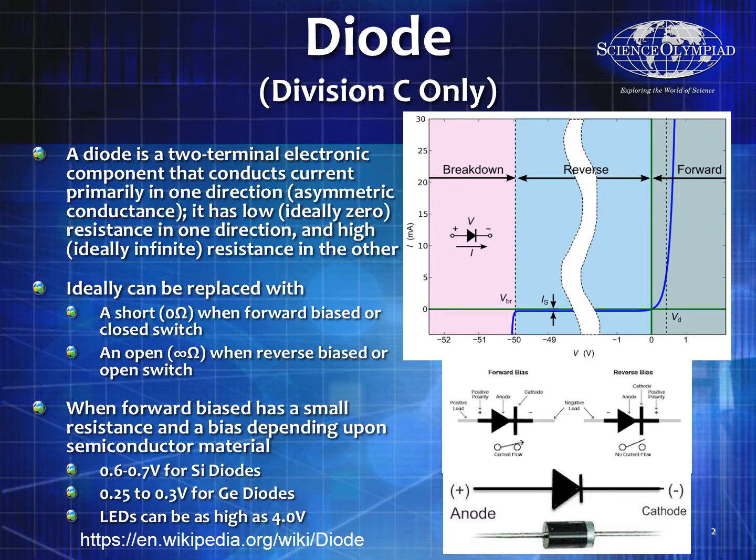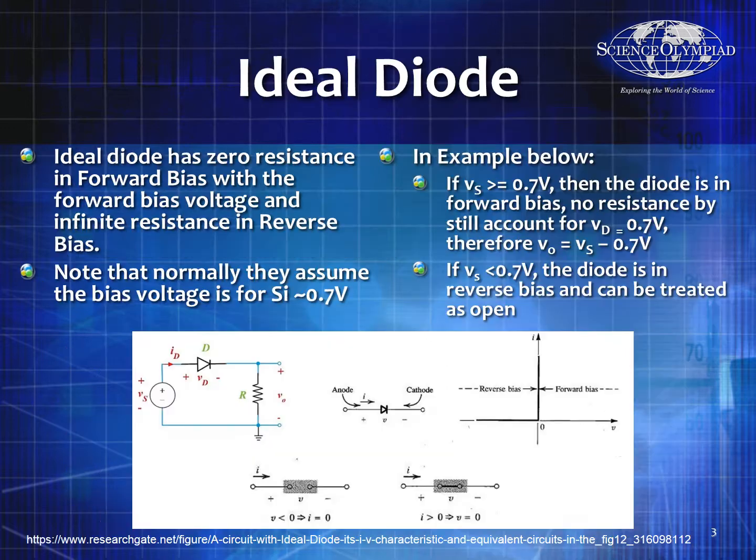In the last practice, we talked about diodes. We talked about how it's a two-terminal electronic device that allows current in one direction and how it can be shown as a switch that is either open or closed depending on whether it's forward biased, in which case it is closed or on, or in reverse bias, in which case it is off or shown as an open circuit.